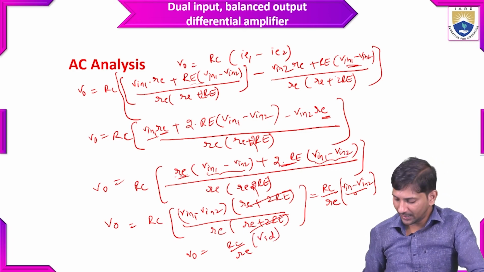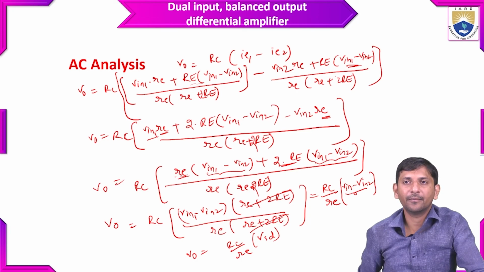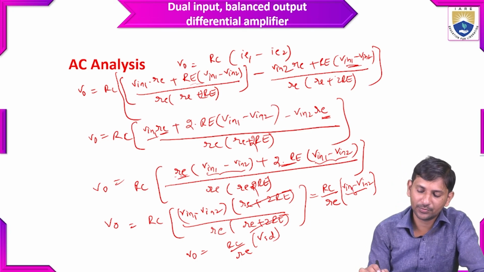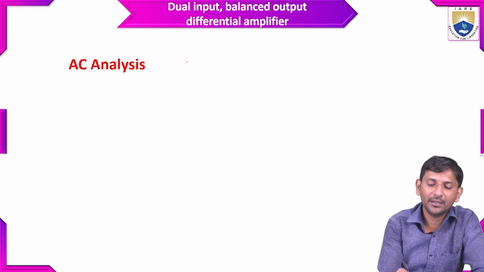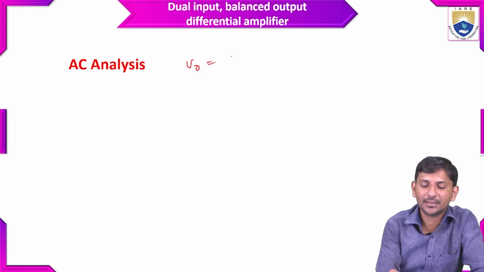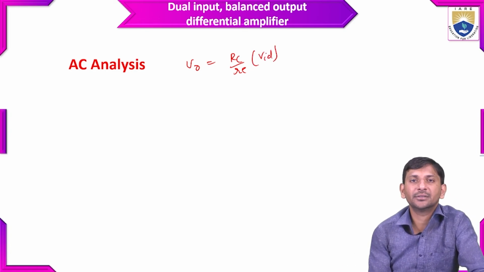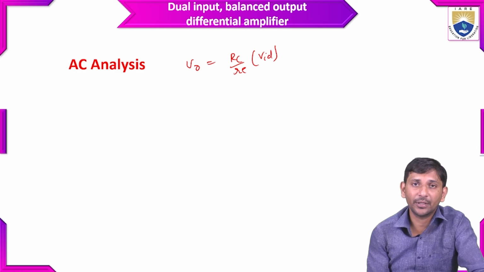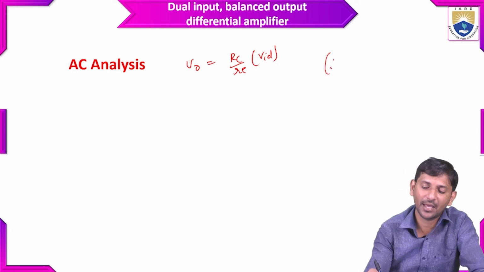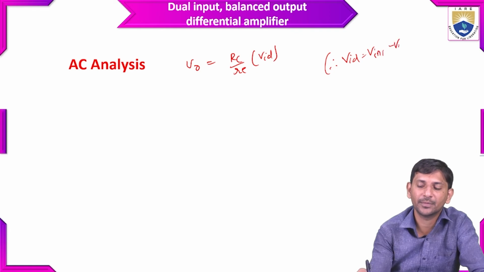Let me consider VID is equal to V in 1 minus V in 2. So the voltage is expressed as RC by RE into VID, where VID is the differential difference between the two input voltages, VID equal to V in 1 minus V in 2.